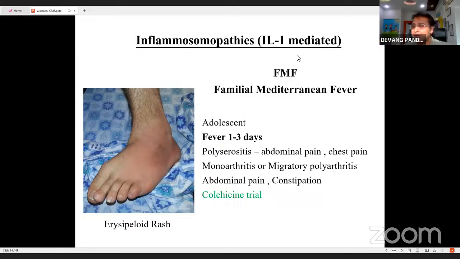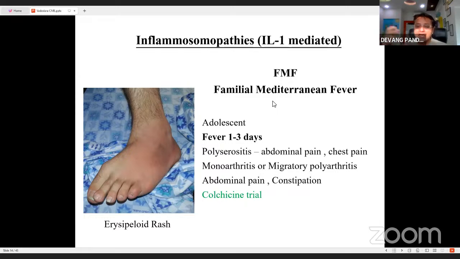If it is an IL-1 mediated autoinflammatory disease, it is known as inflammosomopathies. Now, the most common is FMF, familial Mediterranean fever, earlier known as periodic fever. What is the classical presentation? An adolescent boy or girl with very brief fever episodes, like 1 to 3 days, presenting with polyserositis.